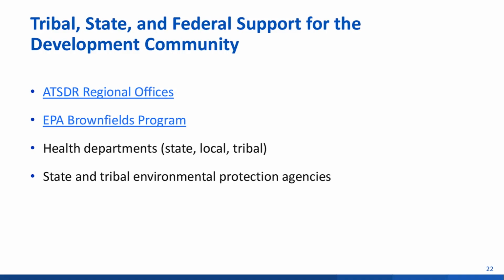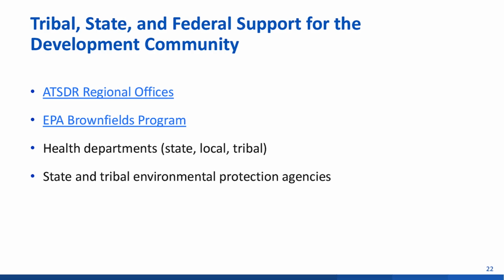Here are some examples of tribal, state, and federal resources. You can invite experts from these groups to meet with the development team. You can get in contact with a regional ATSDR office at this website, https://www.atsdr.cdc.gov/regional-offices/index.html. Regional staff can answer questions about contamination and health risks. They can also connect you to other resources such as a state environmental or health agency.